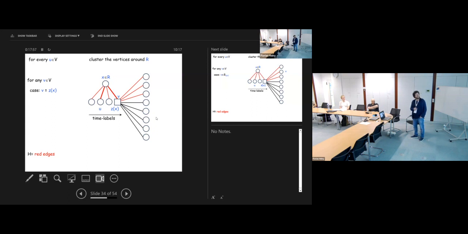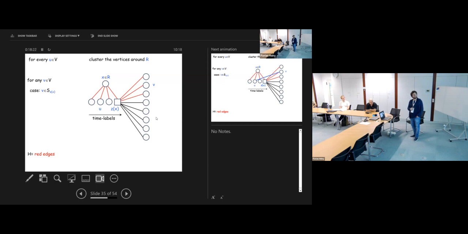Okay, then if V is not this vertex, it could be, for instance, a red neighbor of the special vertex. Now we cannot use this path because this is a red edge for Z, and this is a red edge for Z, so maybe the time label of this edge could be too small with respect to this one.